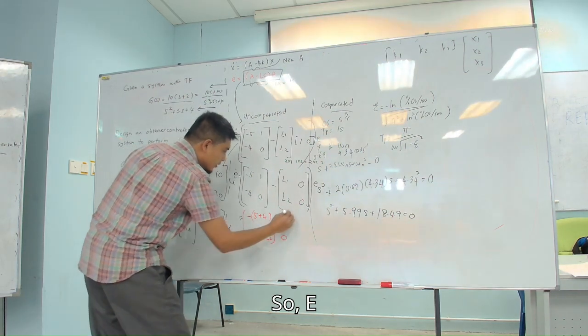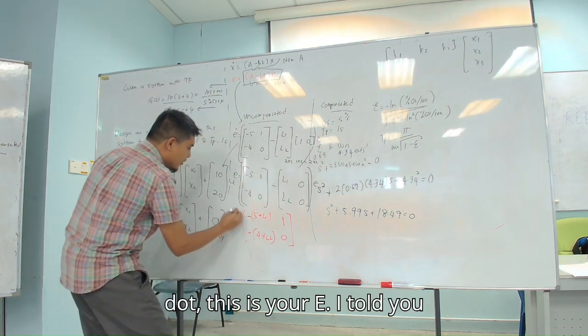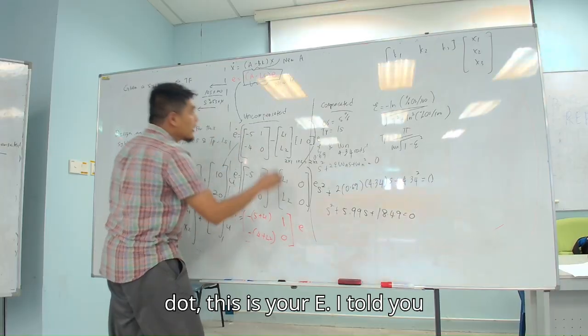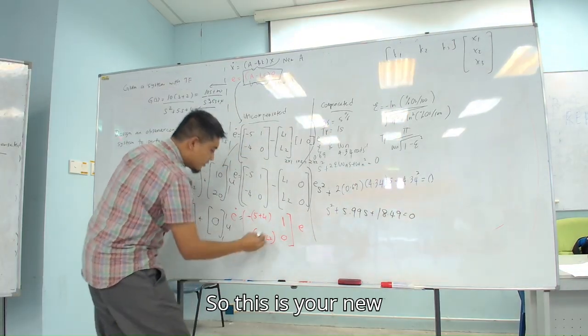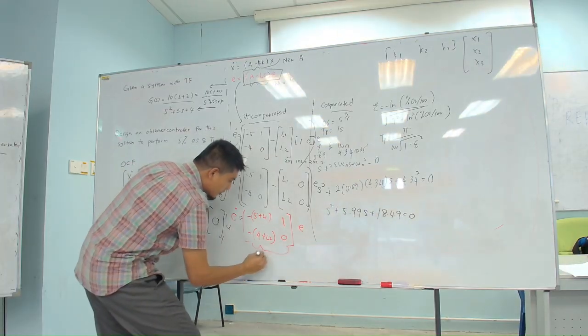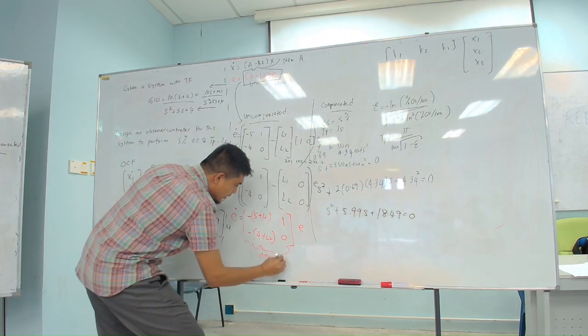So E dot, this is your E. I told you that inside here is your new A. So this is your new A.